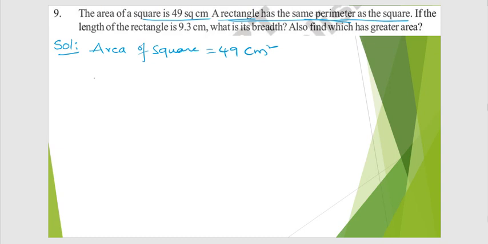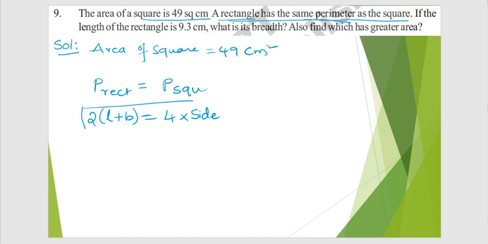So once again, what has he given? Perimeter of rectangle is equal to perimeter of square. So from this, what is the perimeter of a rectangle? 2 times length plus breadth is equal to the perimeter of square, which is nothing but 4 times side. Right? So this is the condition he has given.